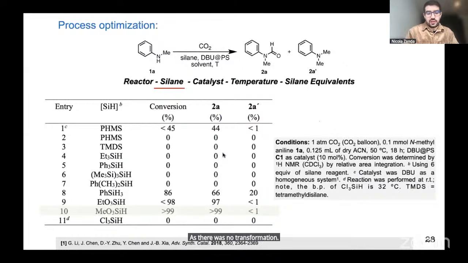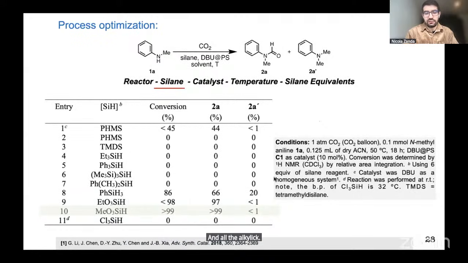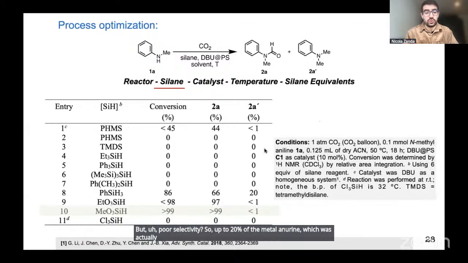We also screened many silane reducing agents that are commonly available in the labs, and all the alkyl silanes didn't give any conversion. When we then moved to phenylsilane, we actually observed high conversion, but poor selectivity, with up to 20% of the dimethylaniline, which was not what we wanted to achieve.